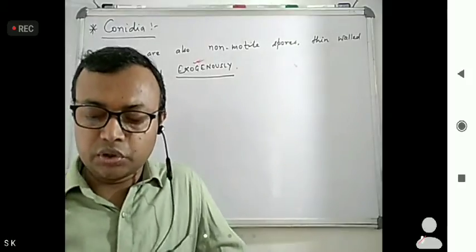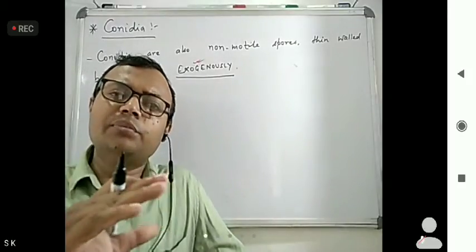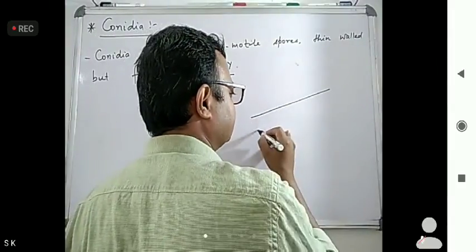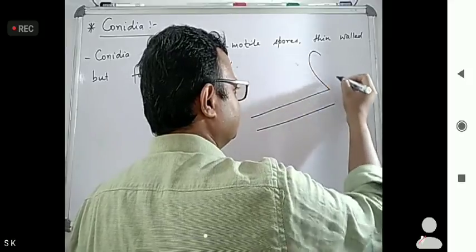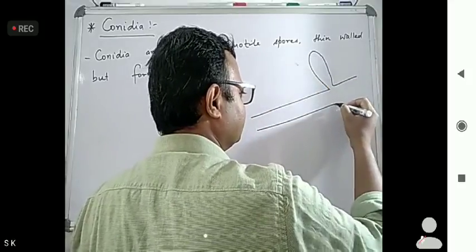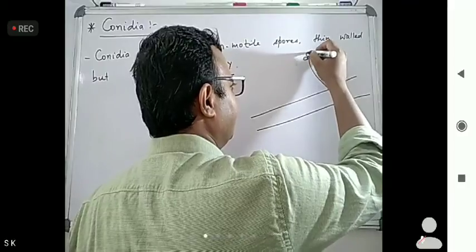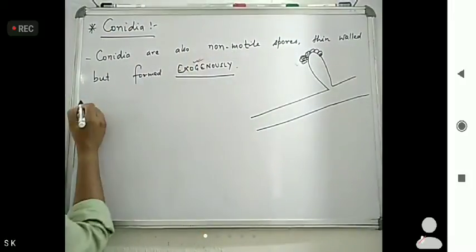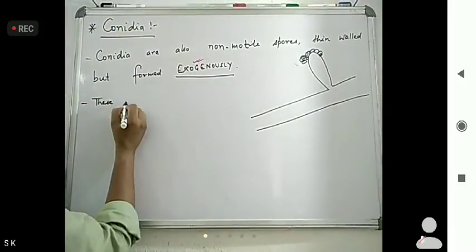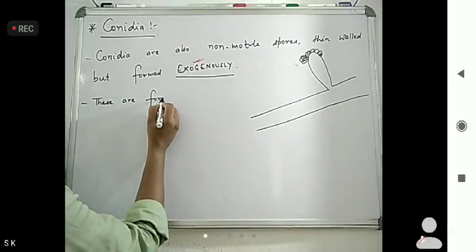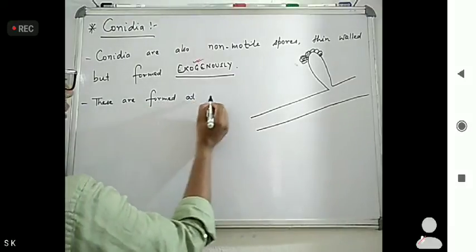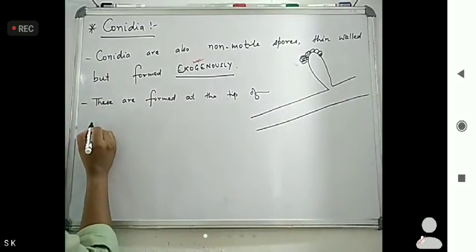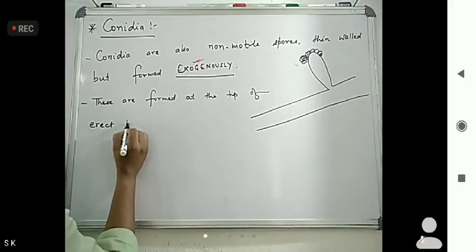Now, these conidia are formed at the tip of erect hyphae. Hyphae are like this, so the erect hyphae are there, and only there are the spores forming exogenously. So these are formed at the tip of erect hyphae.